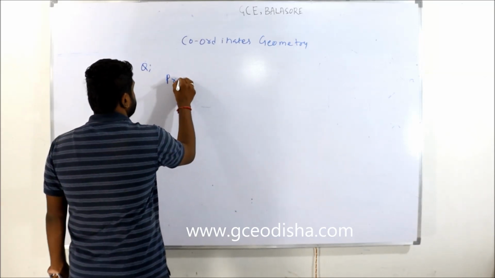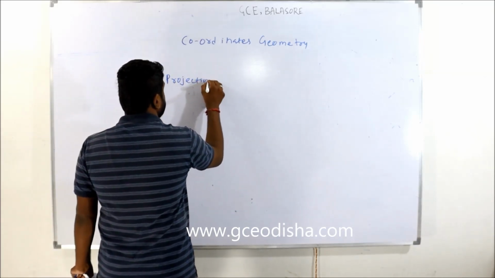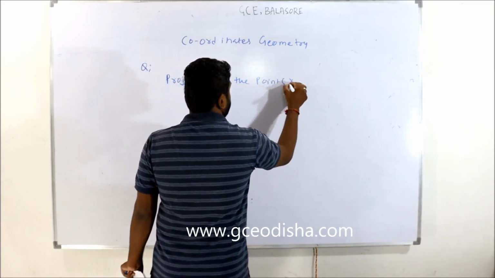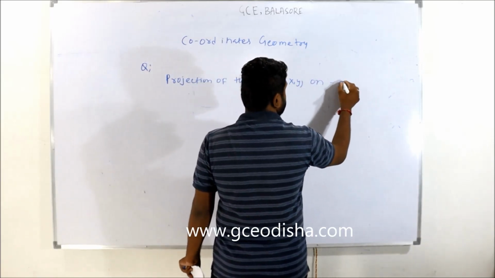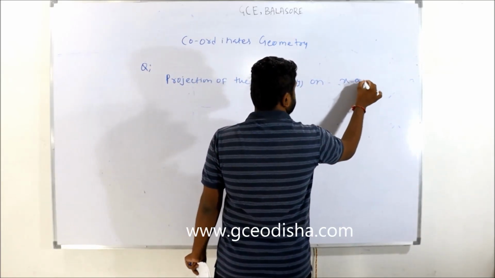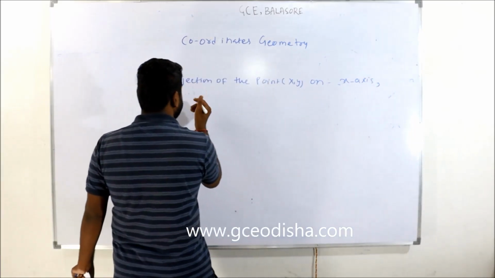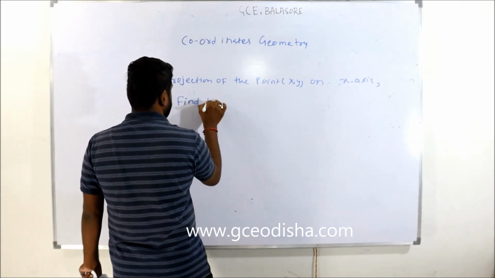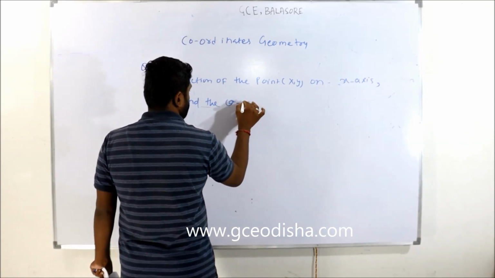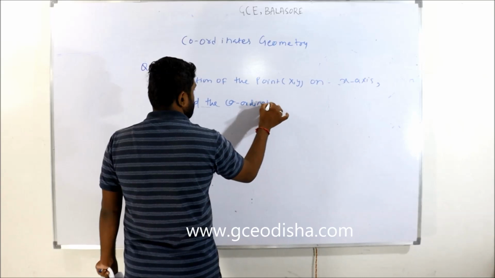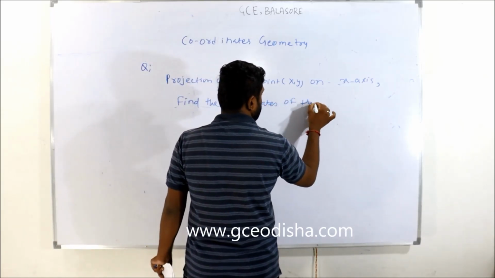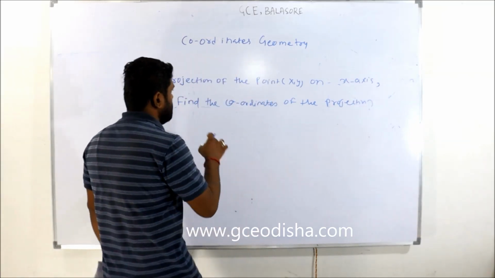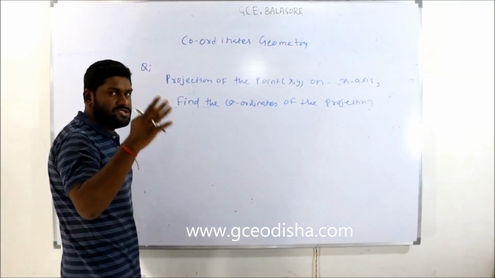They have given: projection of the point (x, y) on the x-axis, find the coordinates of the projection. Right? Projection generally means a perpendicular distance.